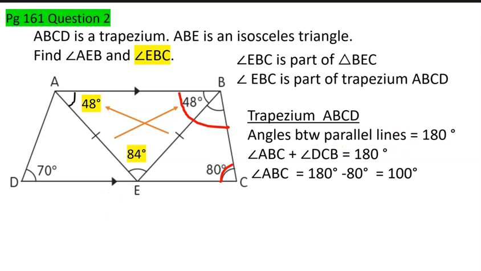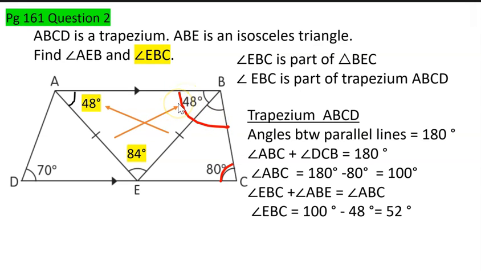With that, I can find angle ABC, which is 100 degrees. Angle ABC is made up of angle EBC and ABE. Since I know the angle ABE is 48 degrees, I can go on and find angle EBC, which is 52 degrees.